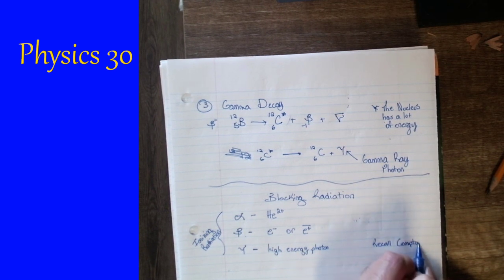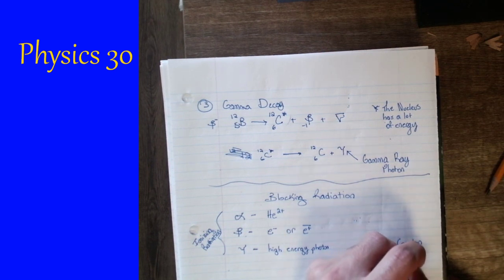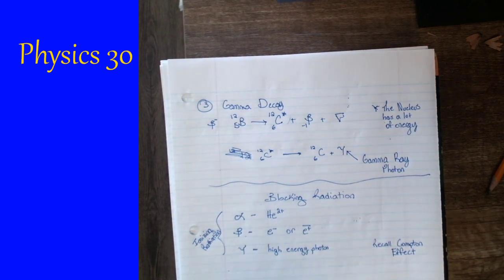Remember when Compton basically flung a bunch of X-rays at things and figured out that he could strip the atoms of their electrons? The gamma ray photon has the ability to do that as well with biological life.